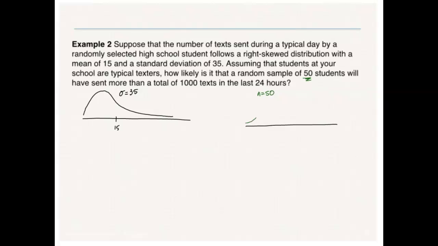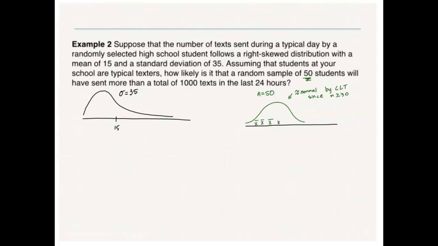I know it should be approximately normal because even though the population distribution is skewed, this will be approximately normal by the central limit theorem since my sample size is greater than or equal to 30, right?